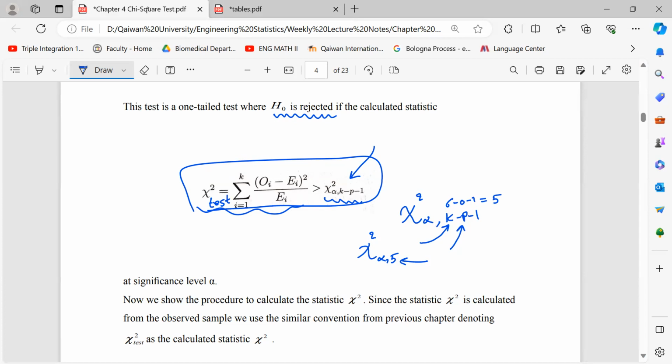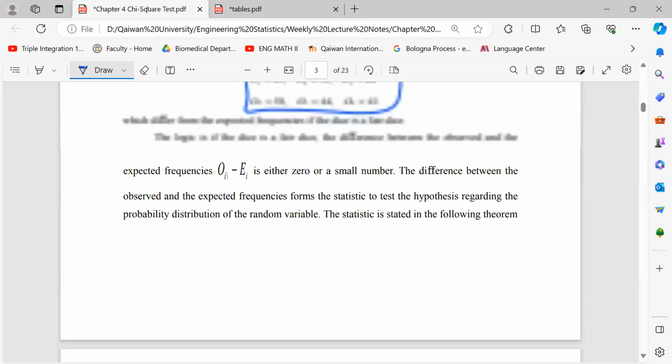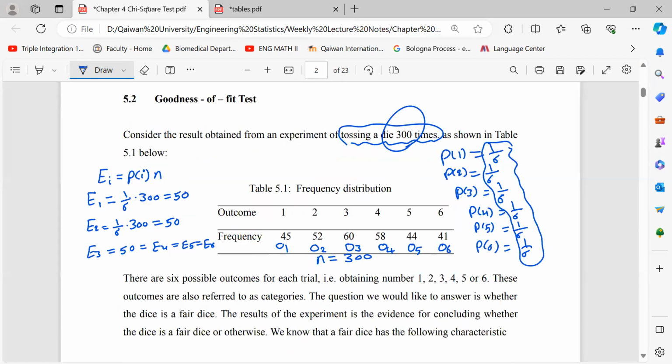As in this example, we have a fair dice and we get this table from tossing the dice 300 times.